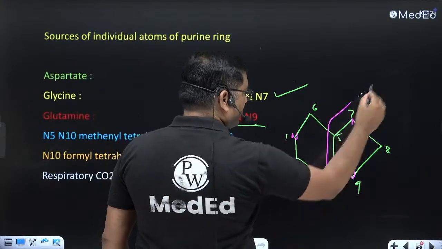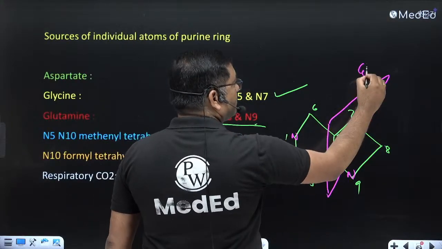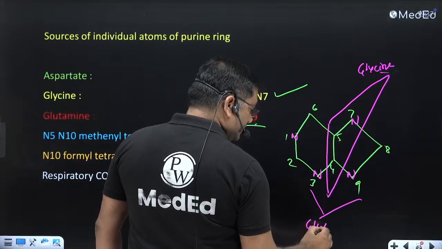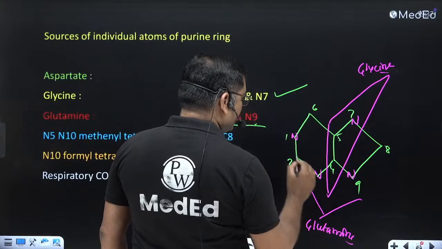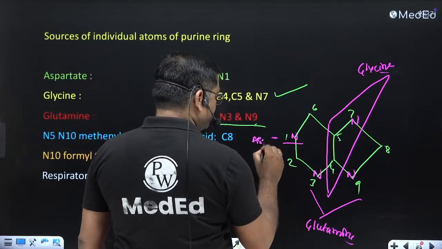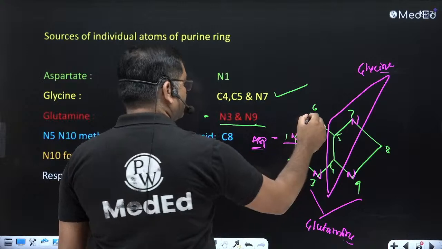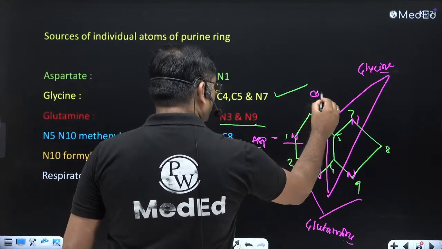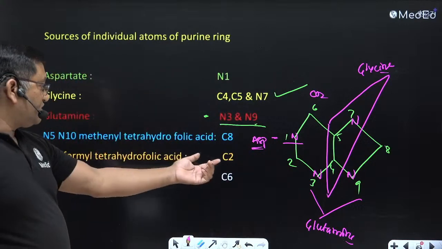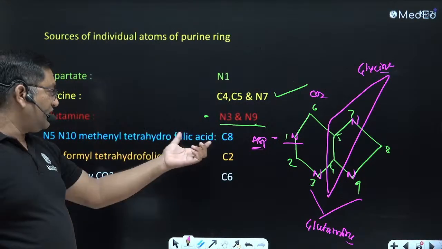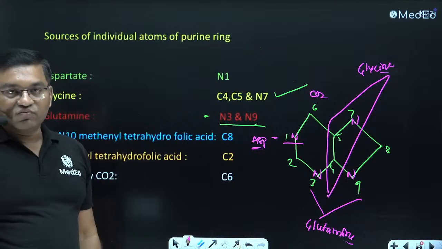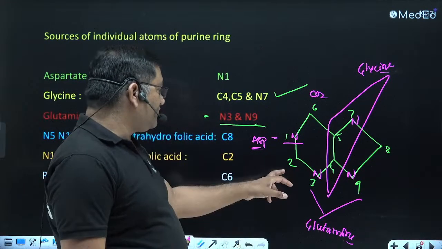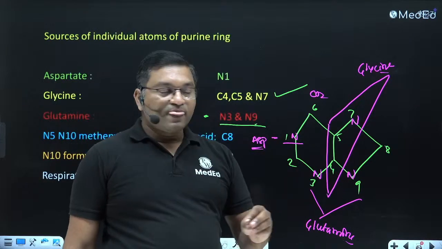See, C4, C5 and N7 are contributed by glycine, N3, N9 are from glutamine, then N1 from aspartate, C6 from CO2, and C2 from formyl tetrahydrofolate and C8 from methenyl tetrahydrofolate. So C2 and C8 of the purine are given by tetrahydrofolate, meaning folic acid.